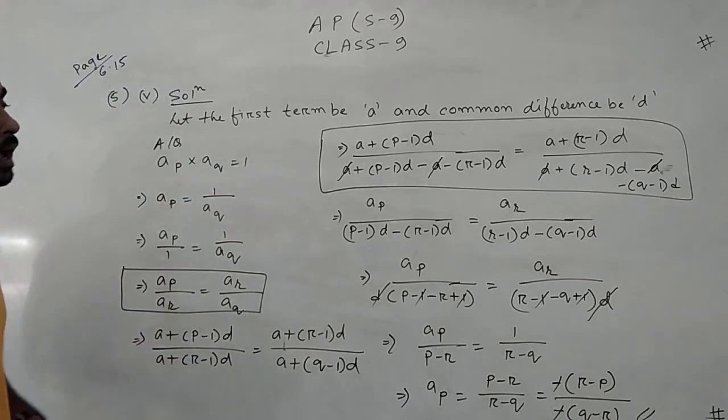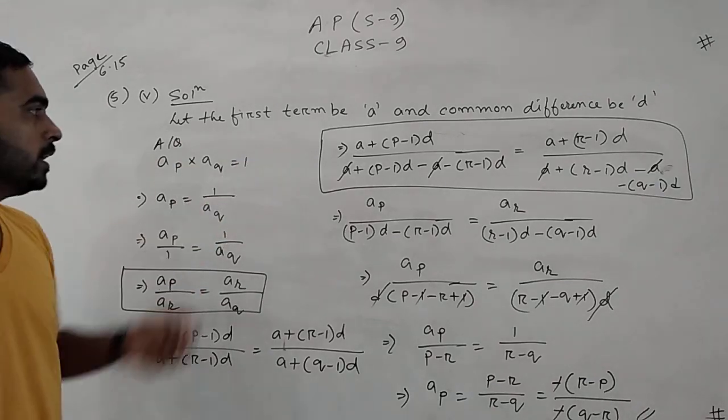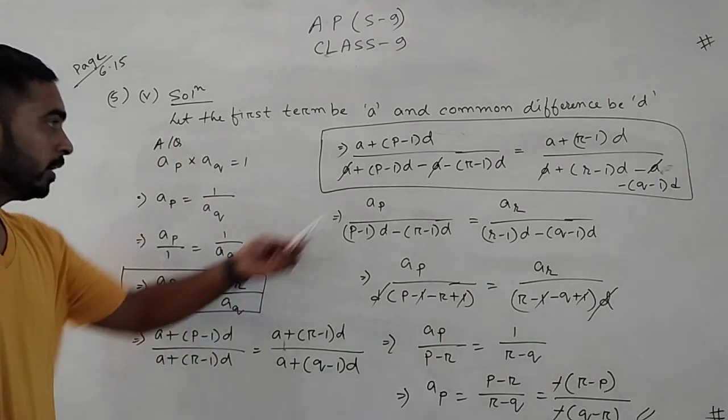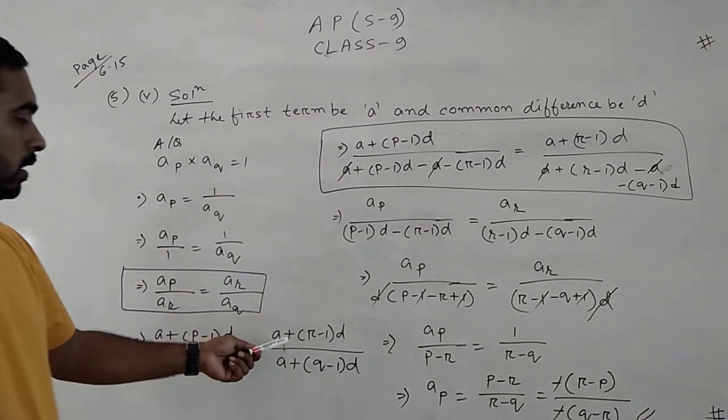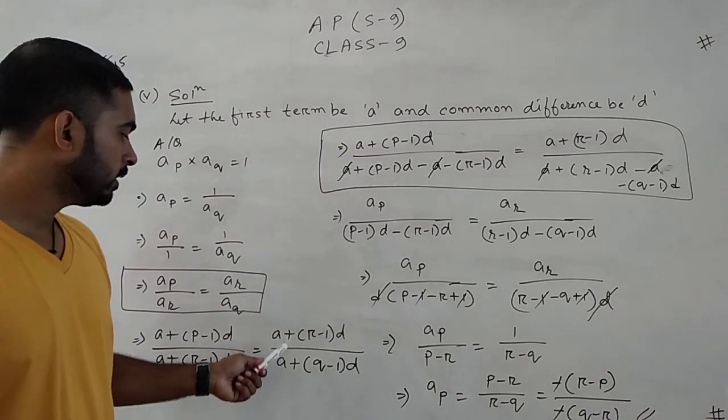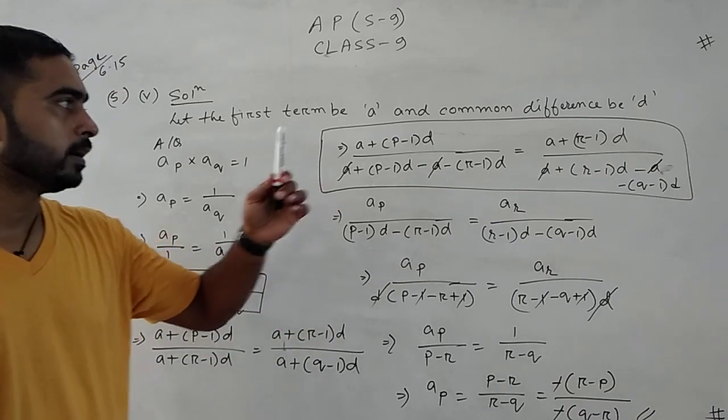The next step, I use the property of dividendo. Numerator remains same, numerator minus denominator; right side also numerator remains same, denominator minus denominator.